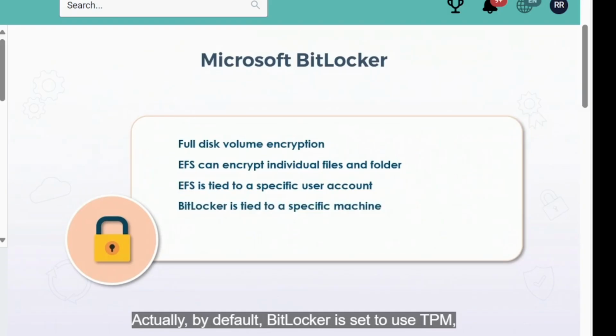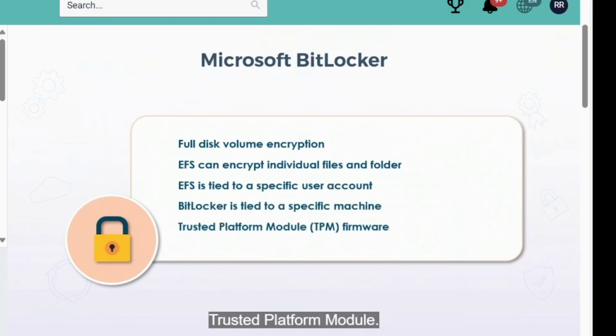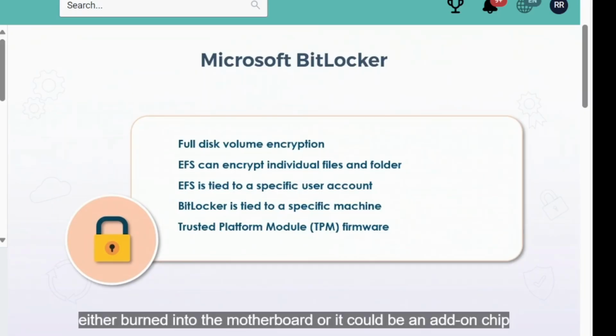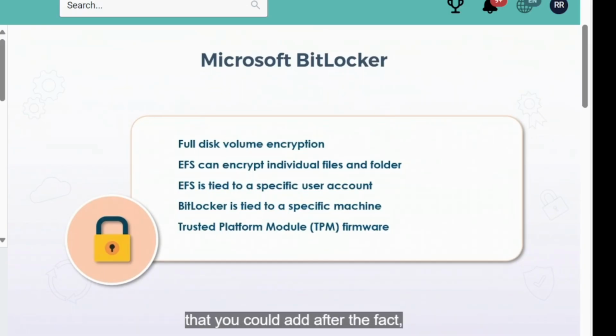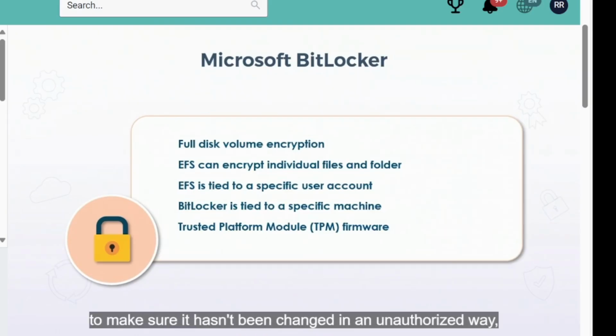Actually, by default, BitLocker is set to use TPM, Trusted Platform Module. A TPM is a specialized chip, either burned into the motherboard or it could be an add-on chip that you could add after the fact that is used for cryptographic operations, such as verifying startup boot integrity to make sure it hasn't been changed in an unauthorized way, and also to store BitLocker encryption keys.